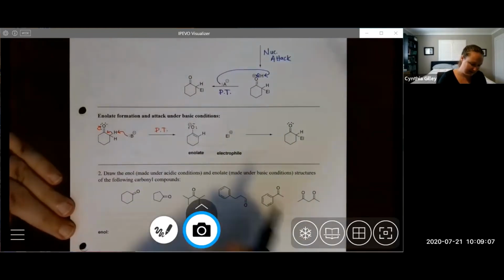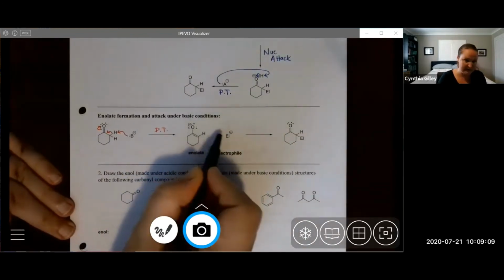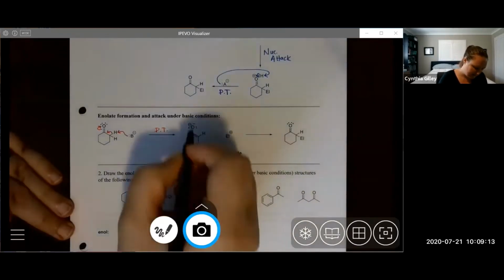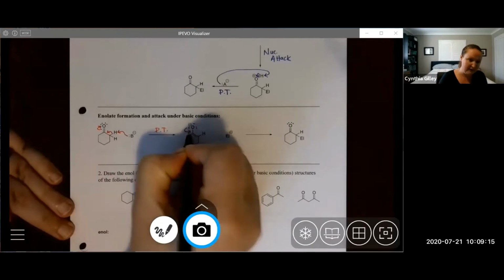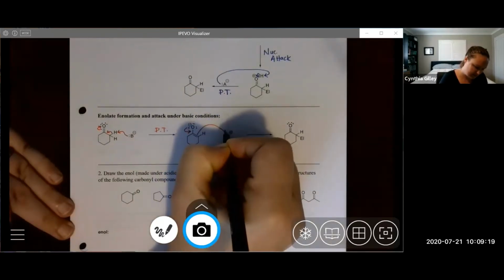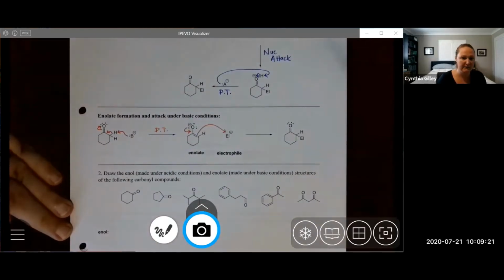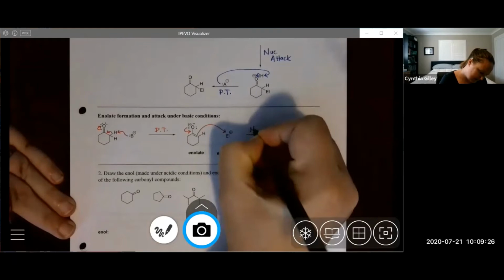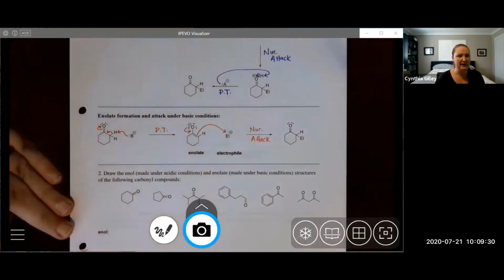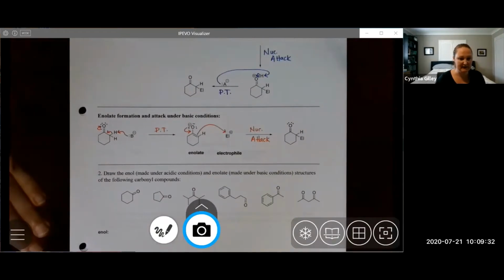And typically, even though you can imagine the oxygen might attack, it actually forms a more stable product if you use the lone pair to come down and form a carbonyl and then use the alpha carbon to do the attack on the electrophile. So this would be a nucleophilic attack. So the mechanism is a little bit different under basic conditions than acidic conditions.